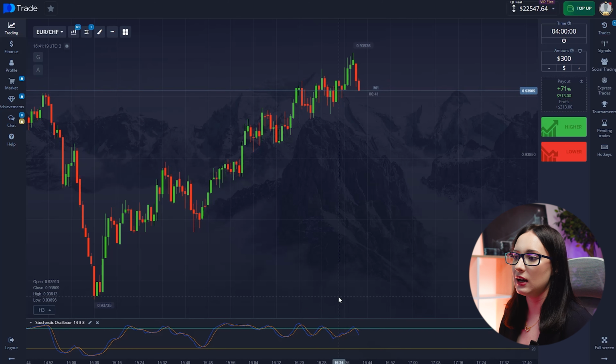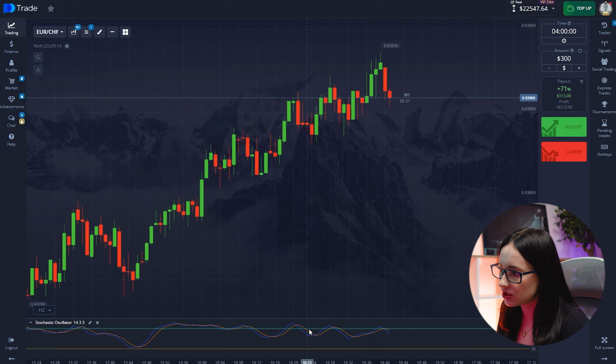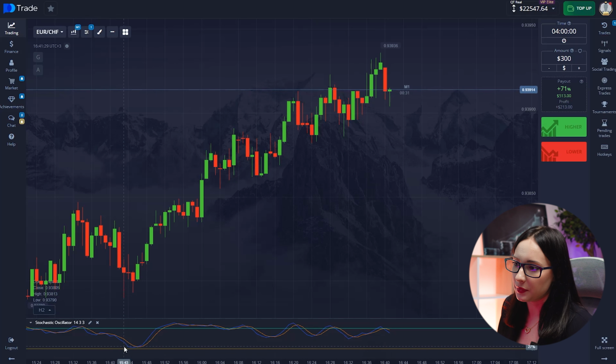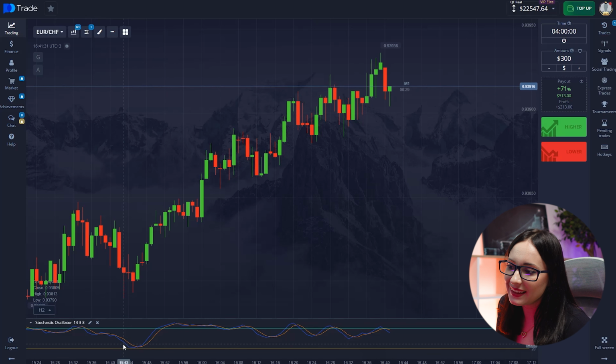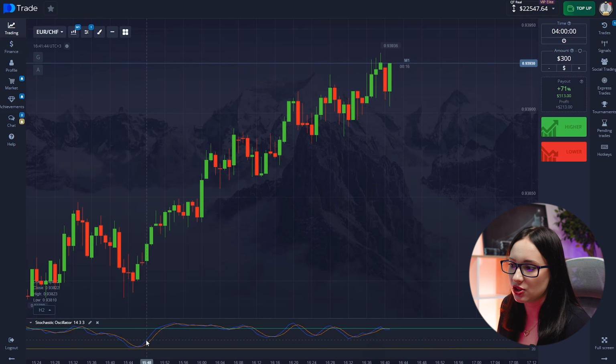So now how this indicator really works is, if you enlarge it a bit, you need to notice the crossovers. So for example here, let me show you the example. When the %K line crosses above the %D line, the orange line, in an oversold area, that would mean you should open a buy position.